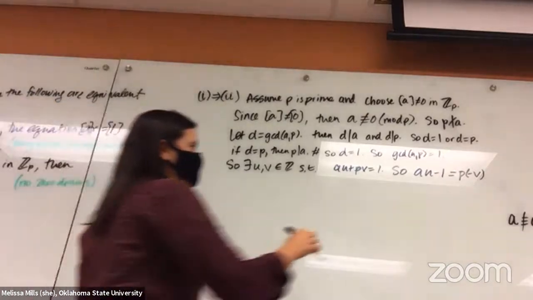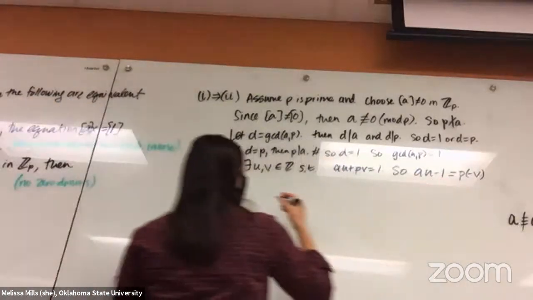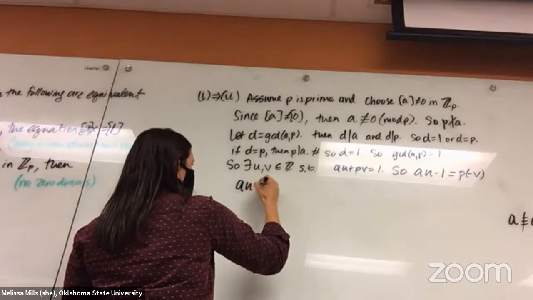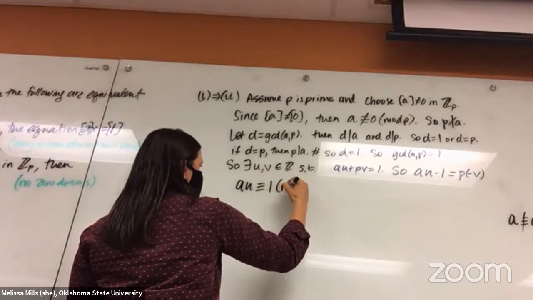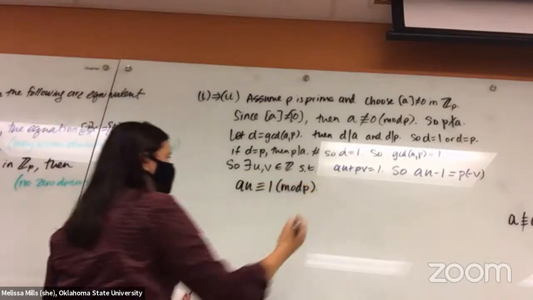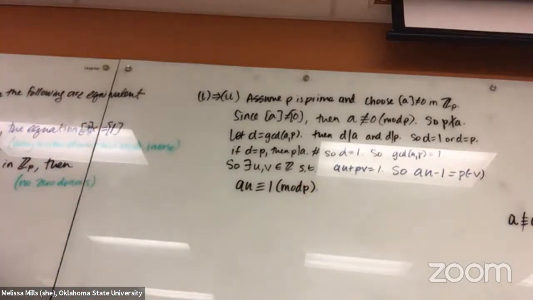So what does that mean by definition of mod? That means that AU is congruent to 1 mod P. Right? So AU is congruent to 1 mod P.